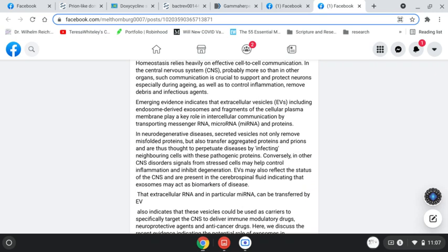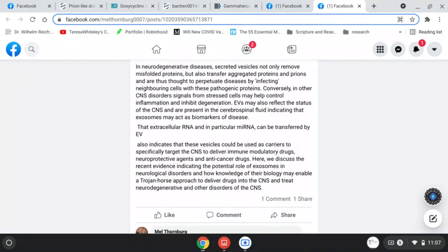Conversely, in other CNS disorders, signals from stressed cells may help control inflammation and inhibit degeneration. EVs may also reflect the status of the central nervous system and are present in the cerebrospinal fluid, indicating that exosomes may act as biomarkers of disease. That extracellular RNA, and in particular microRNA, can be transferred by EVs also indicates that these vesicles could be used as carriers to specifically target the central nervous system to deliver immune modulatory drugs, neuroprotective agents, and anti-cancer drugs.